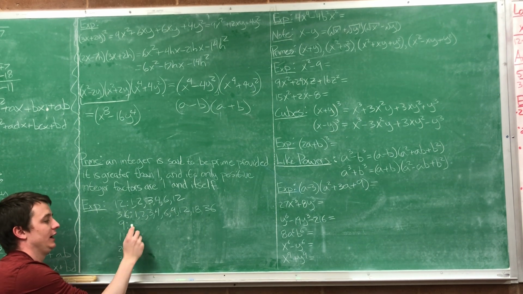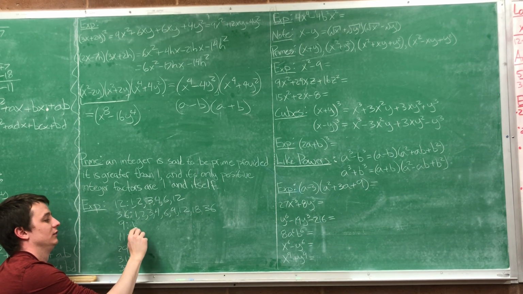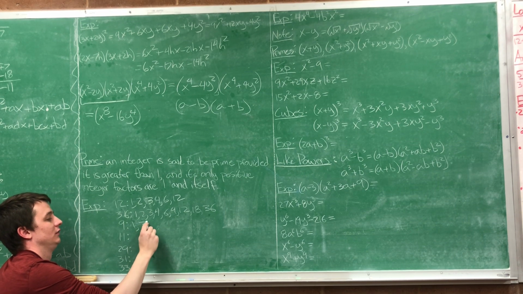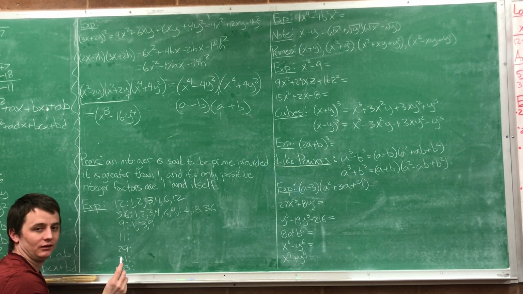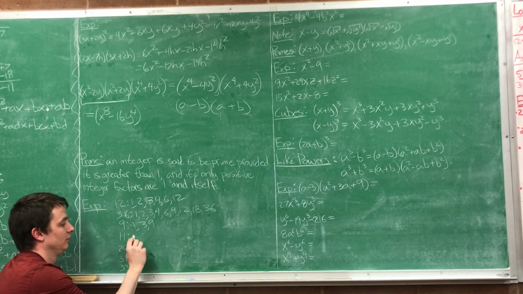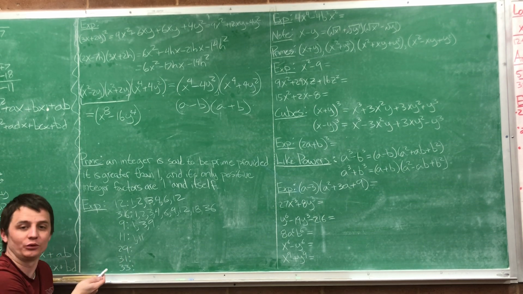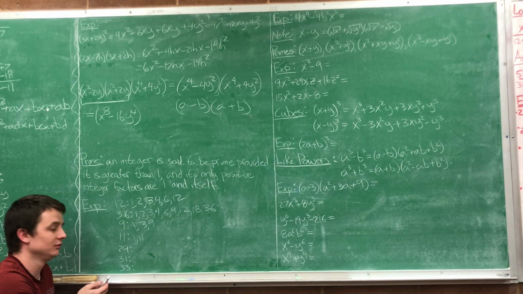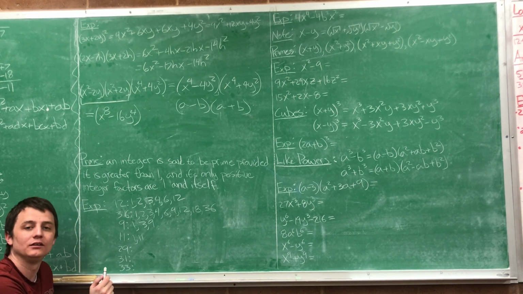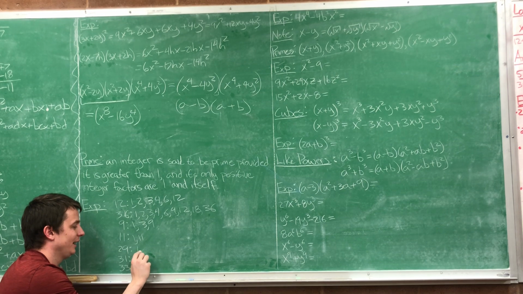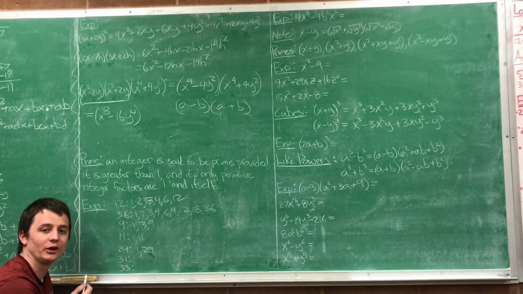Okay, factors of 9: 1, 3, 9. Factors of 11: 1 and 11. Okay, we found a prime number. Its only factors are 1 and itself. Sweet. 29: 1 and 29. That's it? You're telling me that's prime?